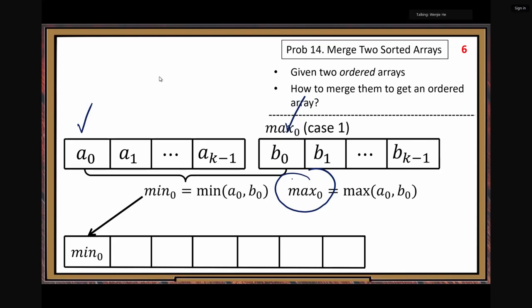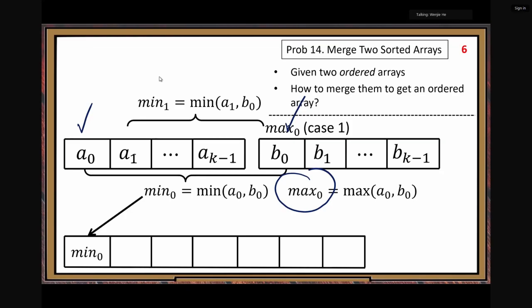So here we assume max 0 is the winner in this B subarray. For the next comparison, we compare max 0 with the next element in the A array, A1. The smaller one of these 2 elements, let us call min 1, the smaller one of A1 and B0.